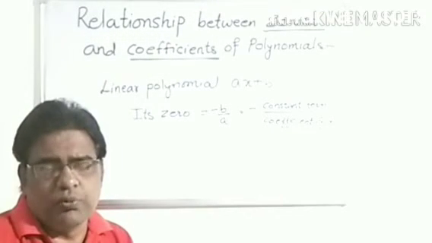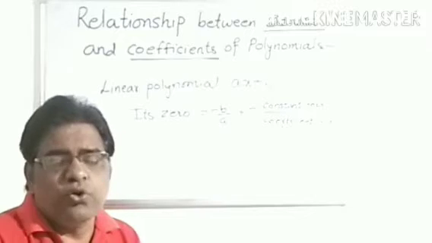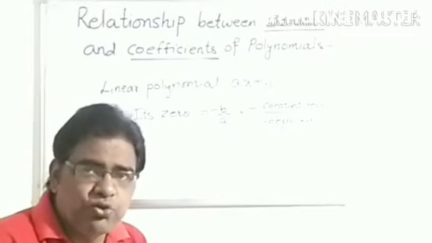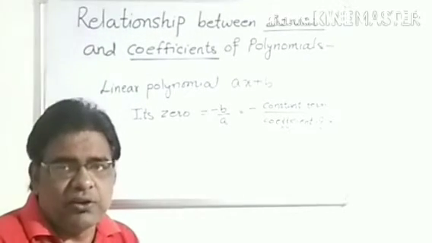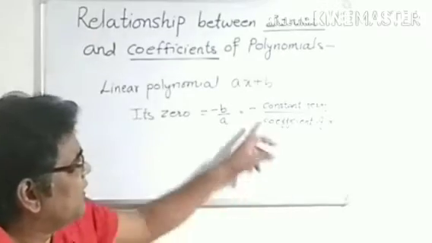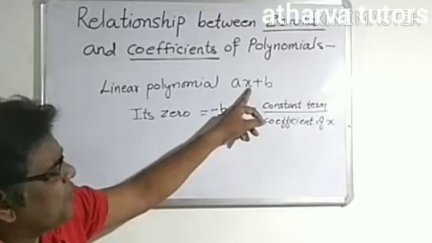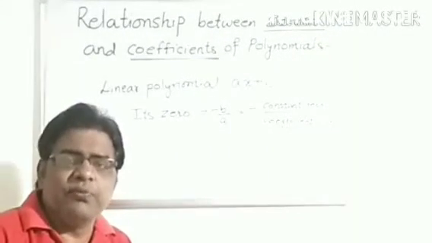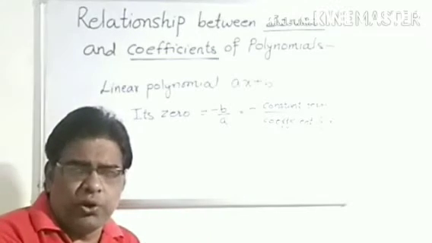And coefficient means the number that is associated with the variable. Like here, this a is the coefficient of x. All this you have studied in your earlier classes, so we are not going into this.